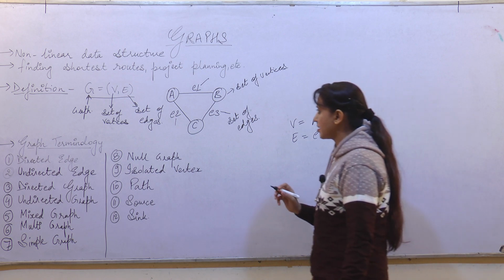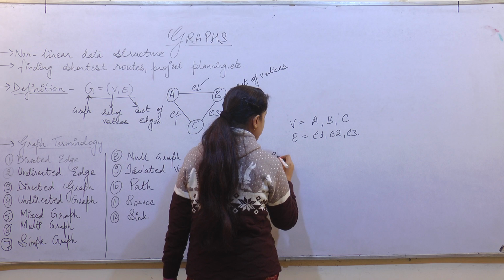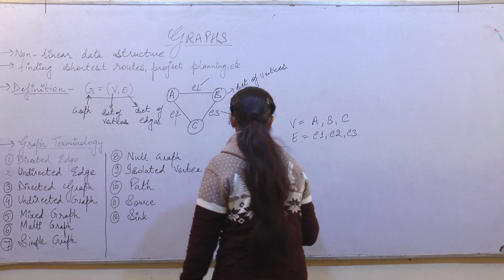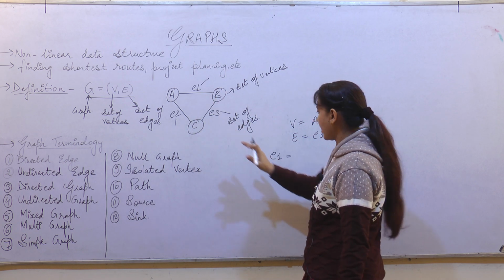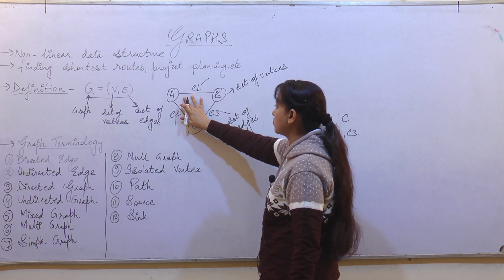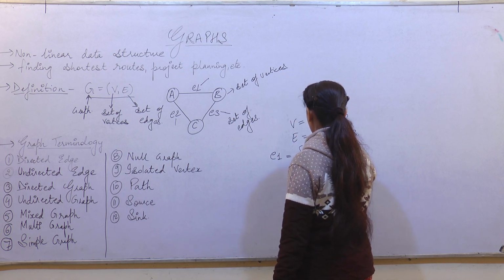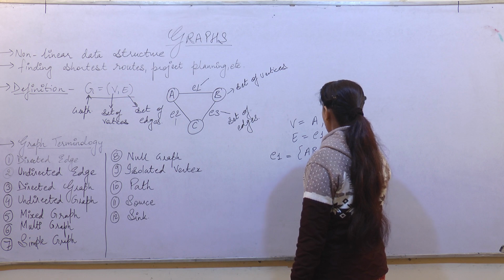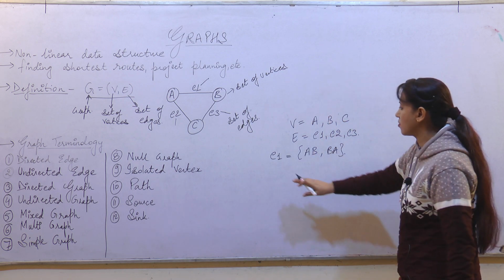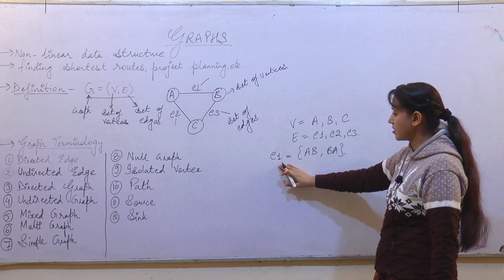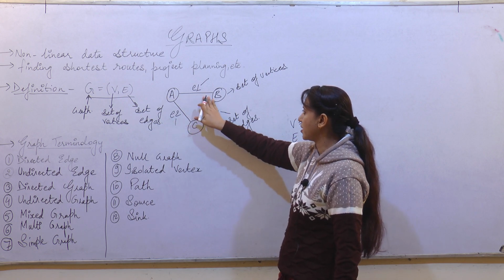Now let's see the edges. Edge E1 is connecting which two vertices? A and B. Edge 1 is connecting the two nodes A and B. So we can write here AB or BA. So edge E1 is connecting our two nodes A to B.